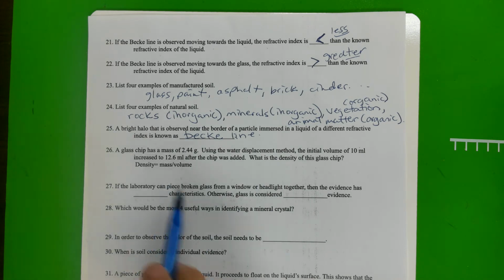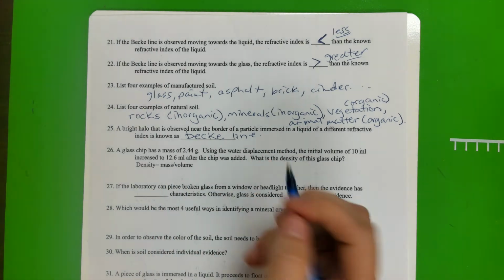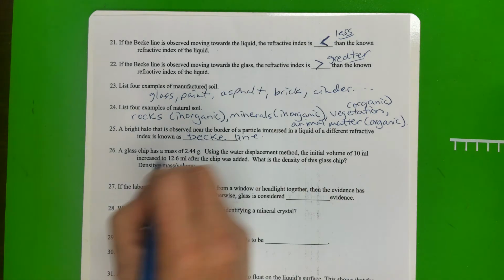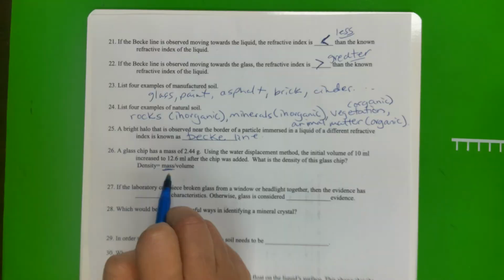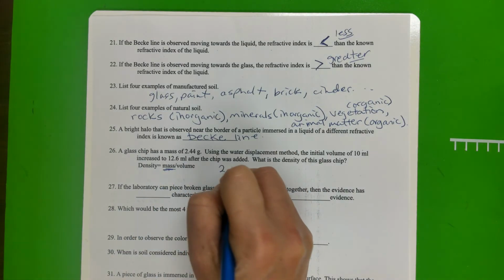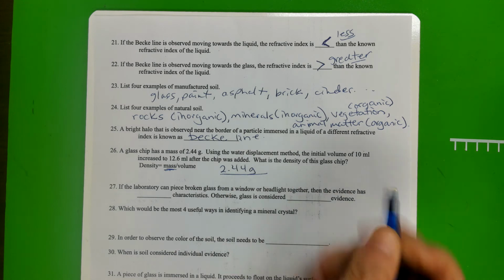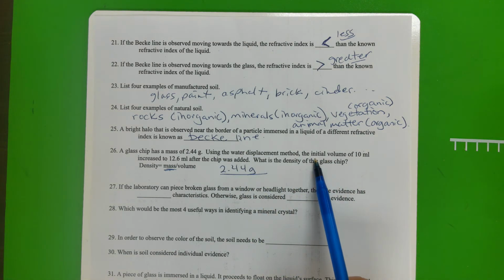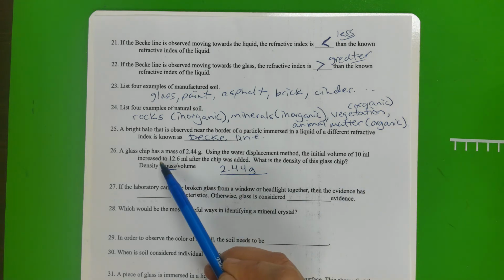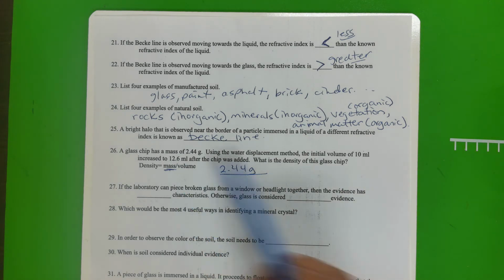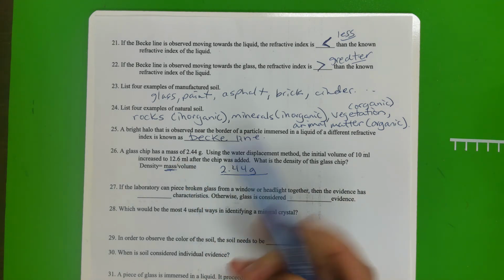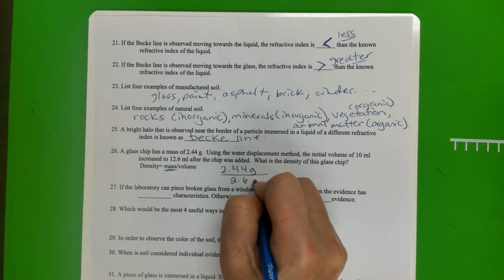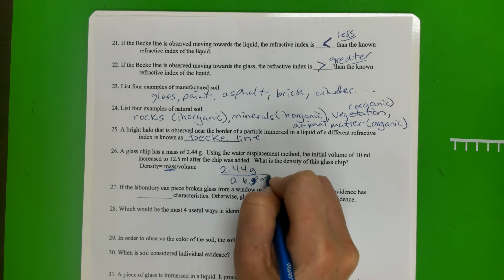Okay, a glass chip has a mass of 2.44 grams, and you divide it by the volume using water displacement. The initial volume is 10 and then it increased to 12.6. So you subtract those two, and that should give you 2.6 milliliters.